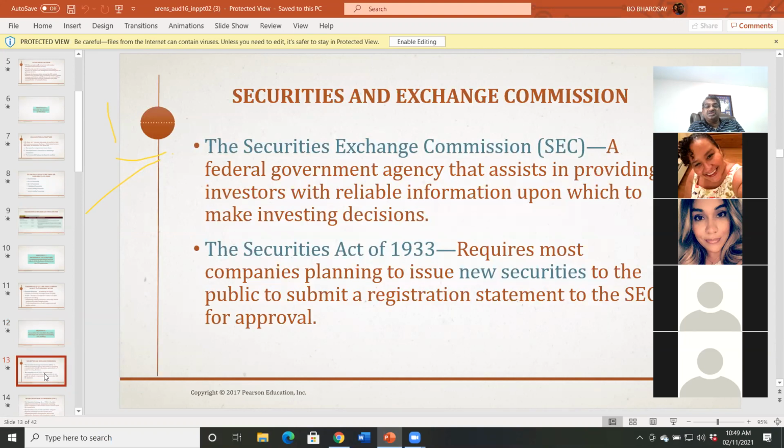The Securities and Exchange Commission is a big creator of jobs for accountants, just like the IRS, or even better than the IRS. They create a lot more meaningful jobs. So the Securities Act of 1933 required most companies planning to issue new securities to the public to submit a registration statement for SEC approval.